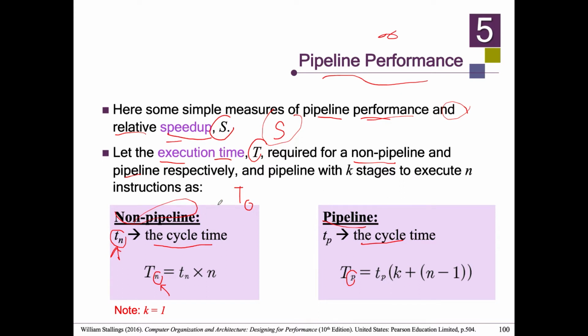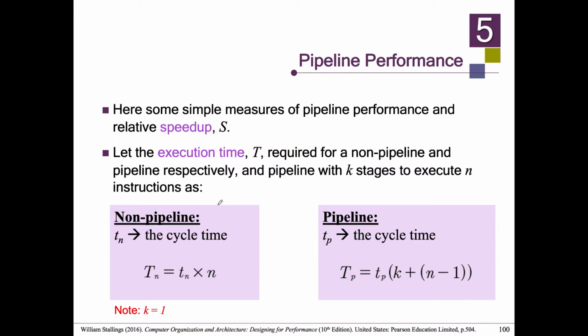This is the equation you need to remember to calculate the execution time for non-pipeline, which is equal to Tn, the cycle time. For example, say you have an abstract, an introduction, and a conclusion.